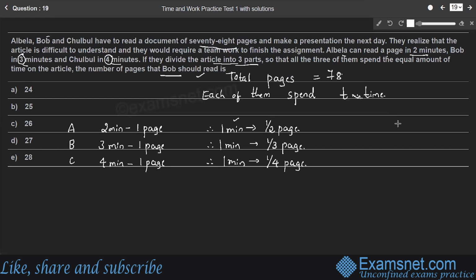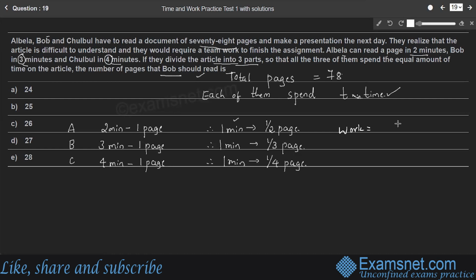And the article has been divided into 3 parts, so they are spending t minutes of time on the article. Therefore, what is their work in t minutes? Reading is nothing but work, since work is efficiency into time.